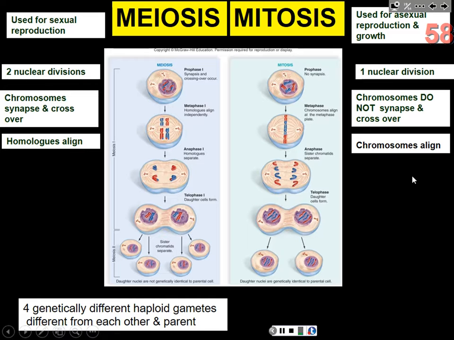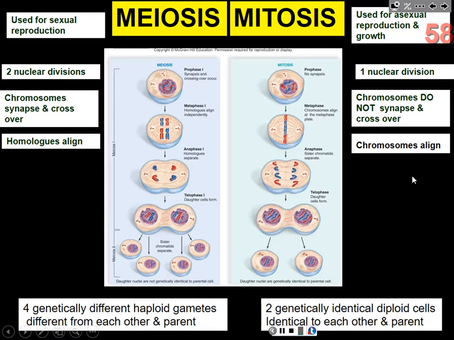You get 4 genetically different haploid gametes. They're different from each other. They're different from their parents. They're haploid. In mitosis, you get 2 genetically identical diploid cells.